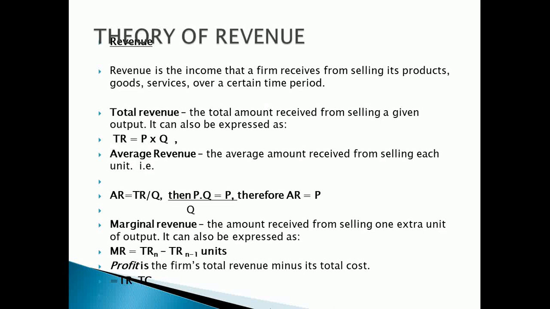Total revenue will continue to increase. The average revenue and marginal revenue will be the same as the price. And this will give us a horizontal line, which is a perfectly elastic demand curve.